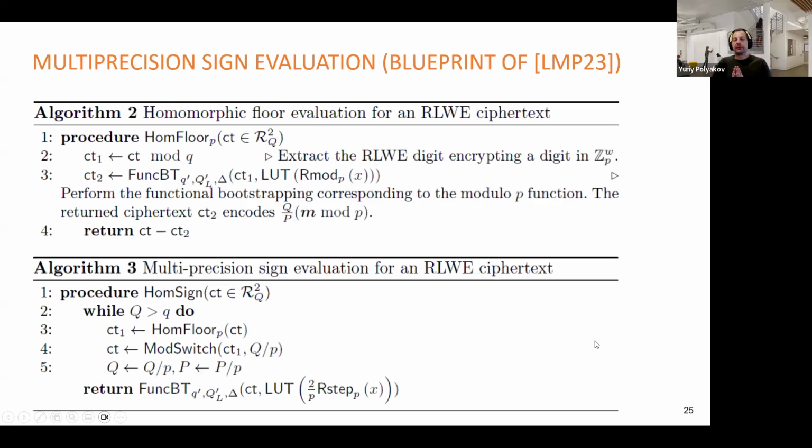As an example of multi-precision sign evaluation, we effectively adopted the blueprint from a prior AsiaCrypt paper of how one supports large precision sign evaluation, and it goes digit by digit, where there is an operation of a homomorphic floor that has to be executed for each digit, and then at the end we essentially evaluate the most significant bit operation. So very similar design. So we have a homomorphic floor function.